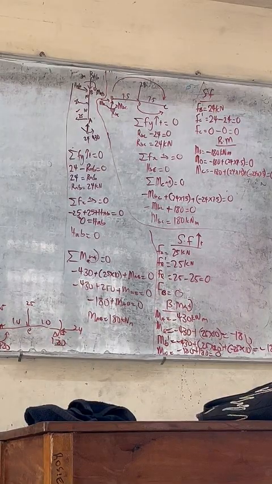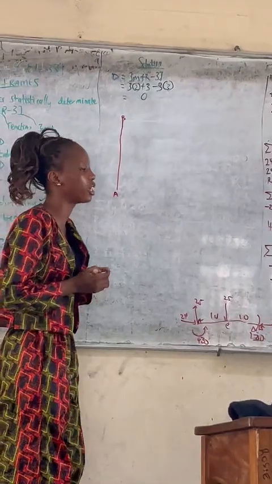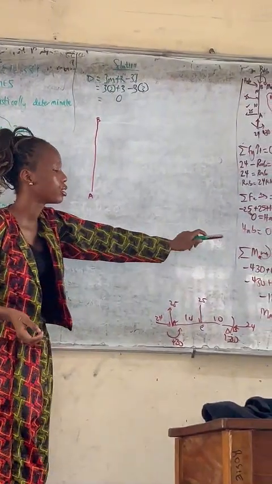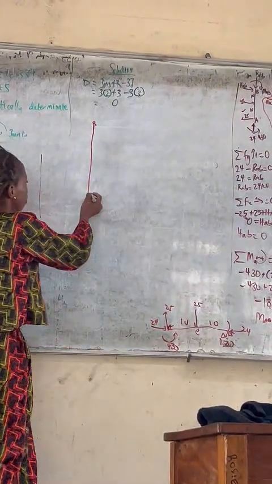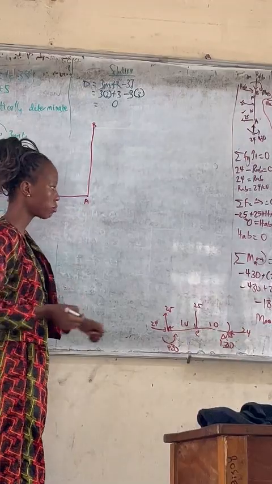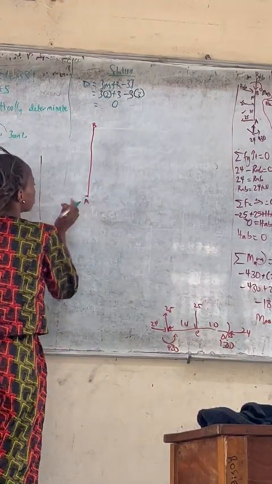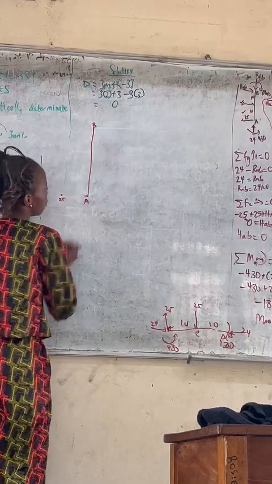We'll be using this diagram to draw. Also, this is A. So now what do we have for shear at A? 25 positive. So we can just go up like 25 at A. Let me draw the line. So let's just take this to 25.